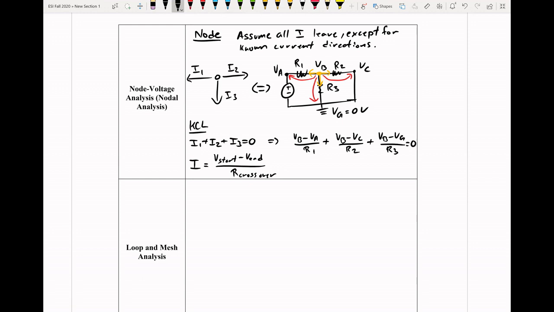And the good thing is that we know what V of G is, so we can just go ahead and set that to 0. And what you'll end up doing with this is, if it's more than one point, you'll end up solving a system of equations.